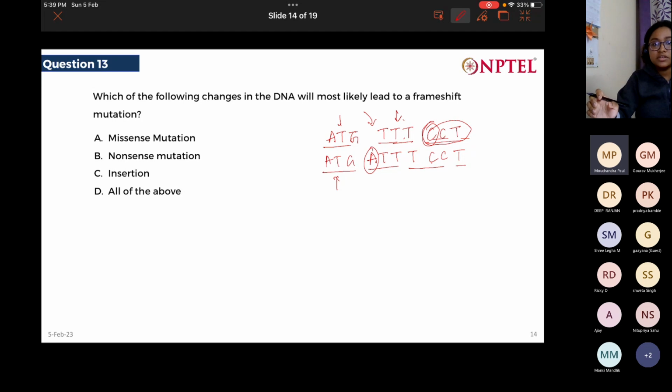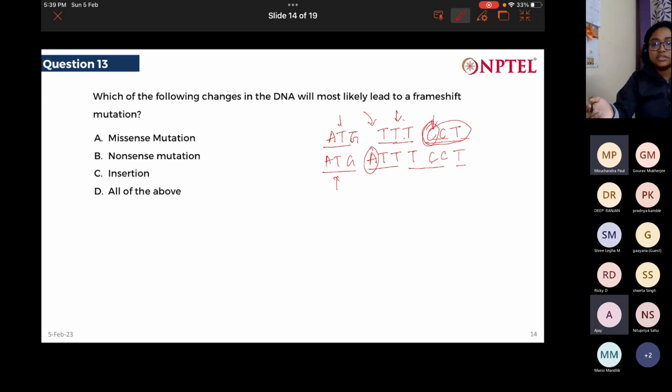What about missense? Here the change in one base pair leads to another amino acid, like what happens during sickle cell anemia. In sickle cell anemia, one base pair A is changed to T, because of which the resulting codon, which was coding for glutamic acid, now codes for valine.